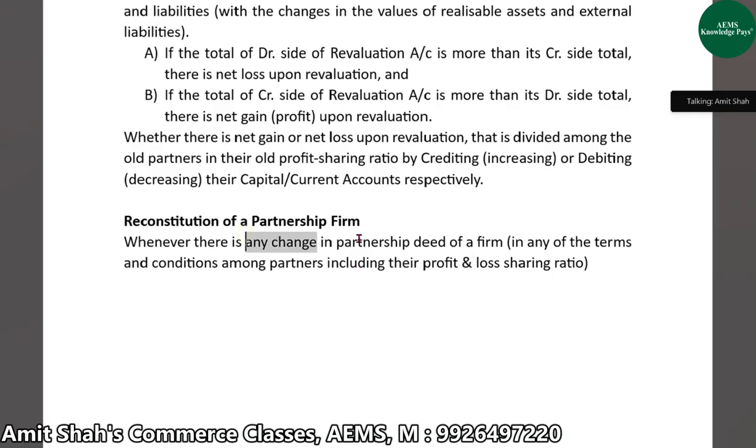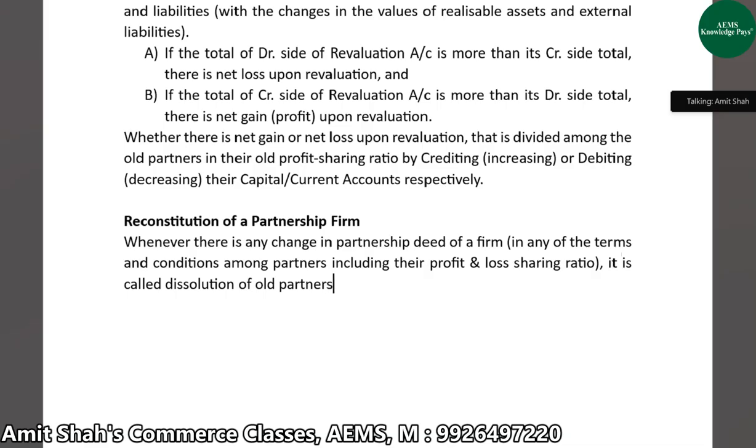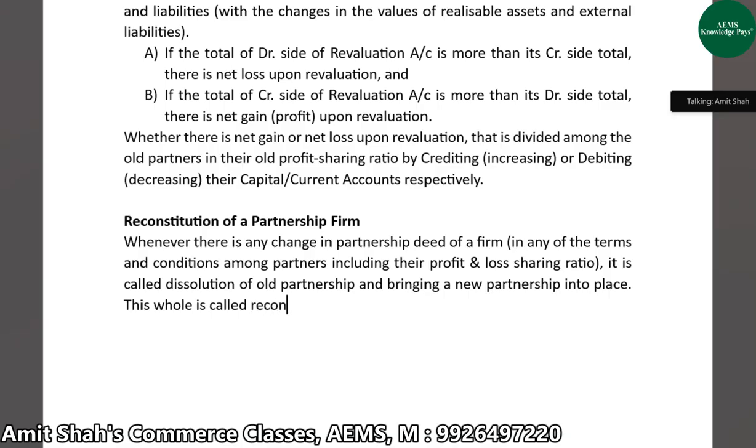So whenever there is any change in partnership deed of a firm, that is in any of the terms or conditions among partners, including their profit sharing ratio, it is called dissolution of old partnership and bringing a new partnership into place. This whole is called reconstitution of a firm.